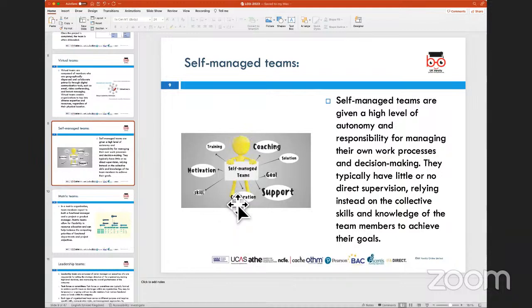When you are given absolute responsibility to run this project as a self-managed team, then there is no outside pressure or influence that can be applied in order to get things done. Because the individuals themselves are taking on that responsibility, they are given independence. They are given the ability to make their own decisions. And sometimes because of the skill set they've acquired and the experience they've had over the years, it allows them to collectively look at moving forward.